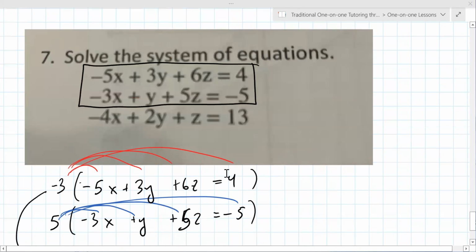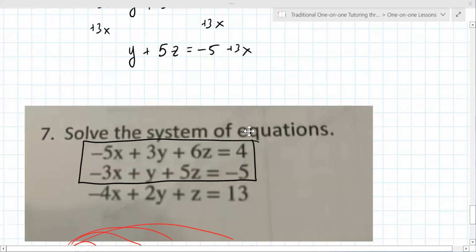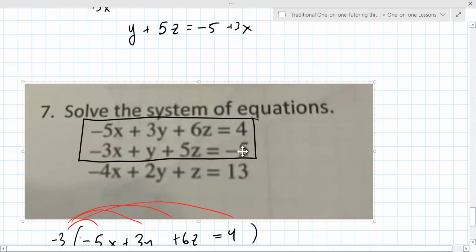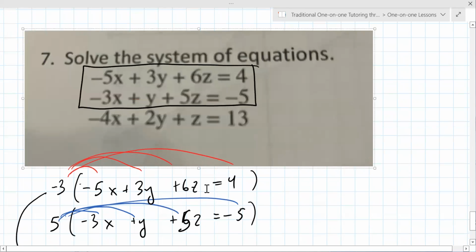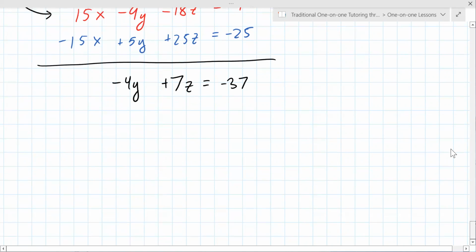All right, now we're going to go back and we're going to use the second two equations. So the minus 3x plus y plus 5z equals minus 5, minus 4x plus 2y plus z equals 13. A lot of writing. Yes.